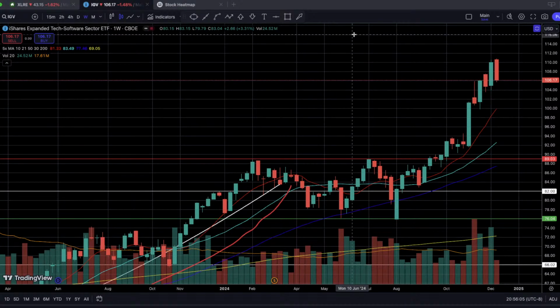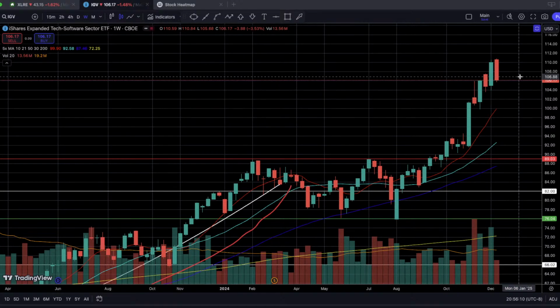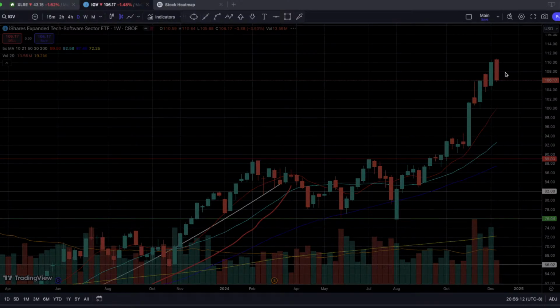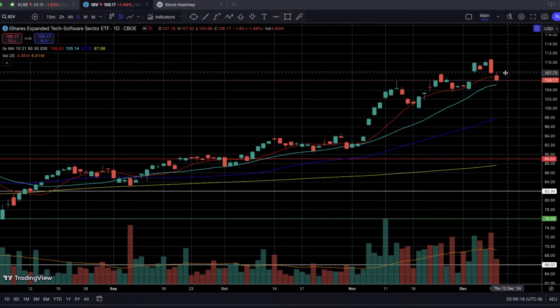But basically, if you don't see that happening, if IGV doesn't find some sort of footing around the weekly 10 SMA or even the daily 21 SMA, then the overall tech group will continue to move down, and NASDAQ will continue to lead the way down while the defensive sectors gain a strong foothold at their own respective support levels and demand areas. And we can see an official overall sector rotation as we head into the end of this year, right?